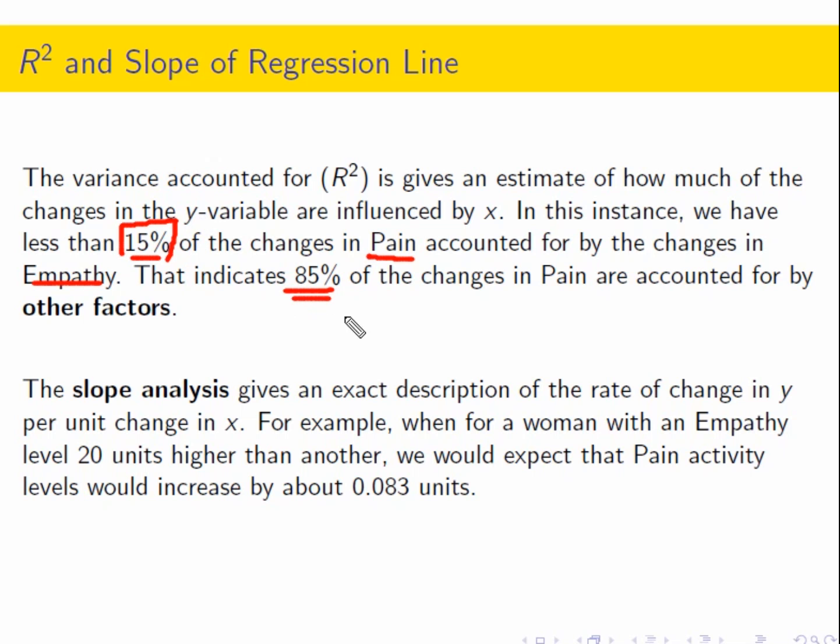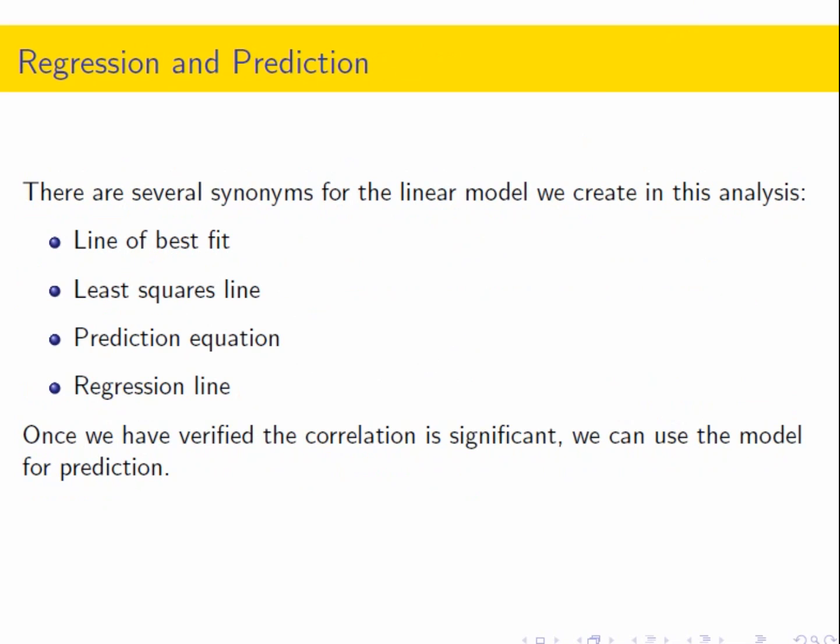And the slope analysis is really nice because it gives us an exact description of how the y variable is changing based on how the x variable changes. It's important to note that there are several synonyms, and most stats geeks use all of them at some time or another. The line of best fit, least squares line, prediction equation, the regression line, all of these mean exactly the same thing.